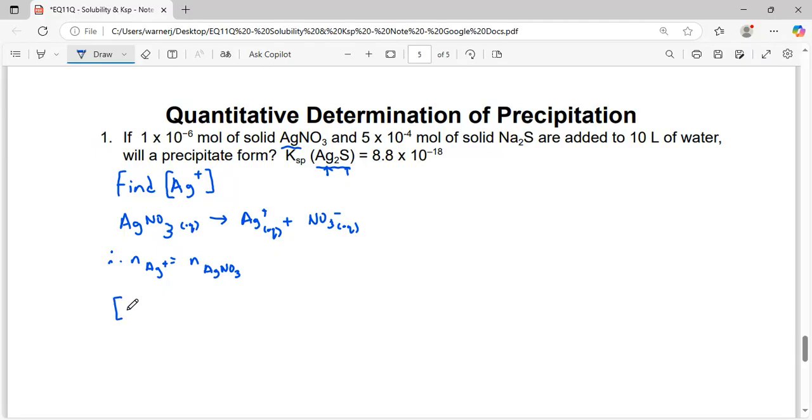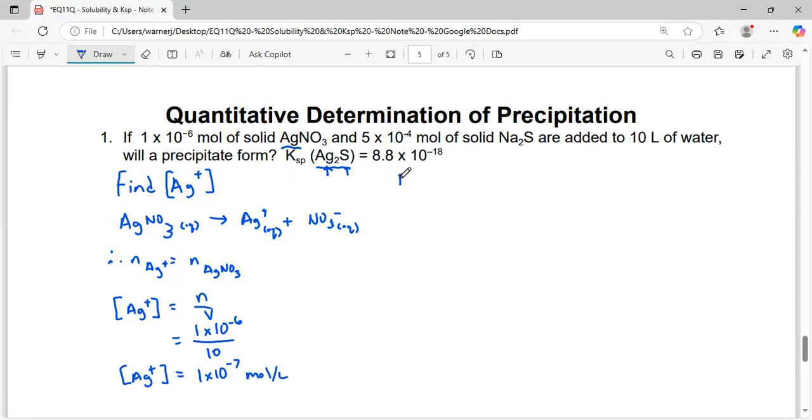Our concentration of silver ions, in brackets, is moles divided by volume, right? So I can say 1 times 10 to the negative 6 divided by 10, that is 1 times 10 to the negative 7 moles per liter, and that's the concentration of silver ions in this container.